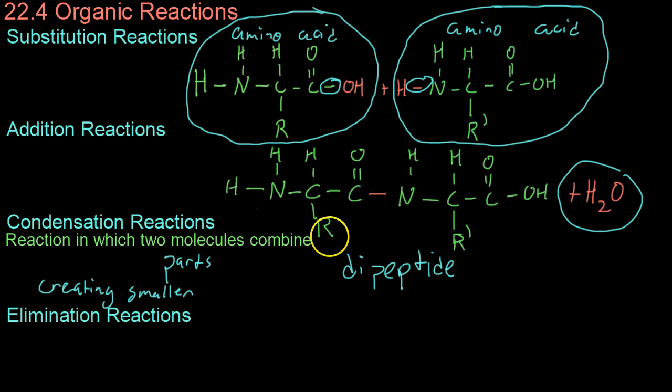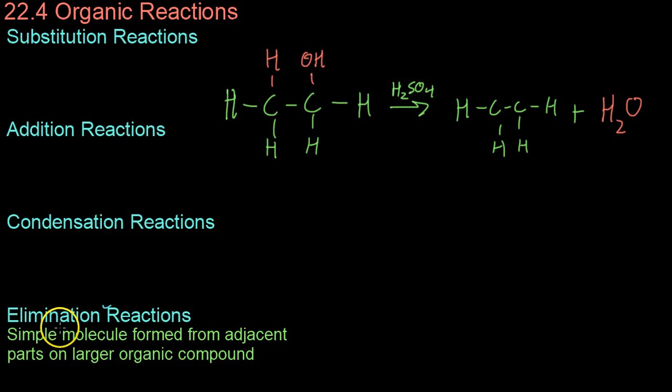This is a process that happens over and over again within your body to form proteins, and this whole process is facilitated by organelles within your cells. Now the last of these four reactions is what is known as an elimination reaction. Basically what happens in an elimination reaction is you have a simple molecule, such as water, forming from adjacent parts on a larger organic compound.